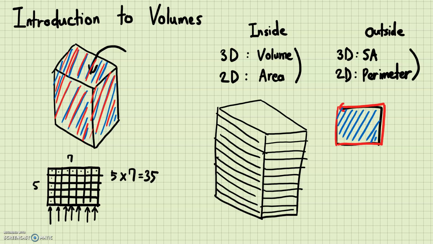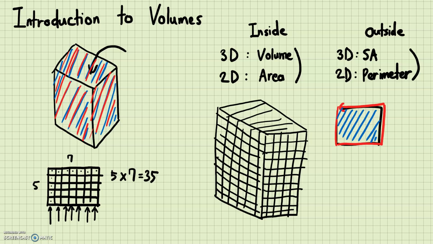Instead of squares inside our solid, we have cubes, because it's in three dimensions now. Sorry, my drawing is not very nice, but you get the picture. We have cubes in here, and we have 1, 2, 3, 4, 5, 6 cubes this way, and 1, 2, 3, 4, 5 cubes this way.